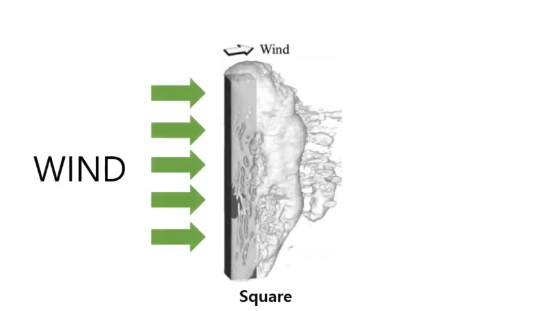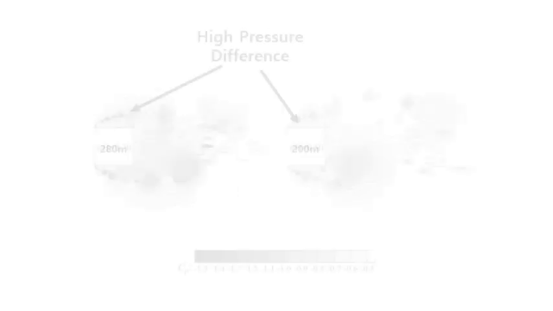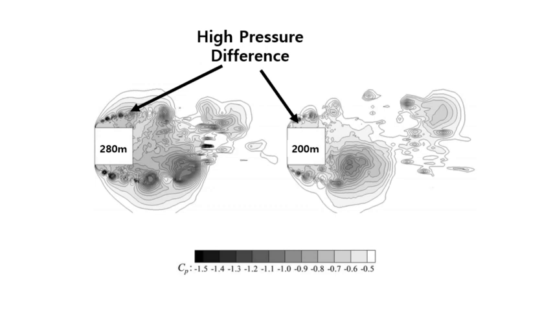Ordinarily, a square cylinder form makes an intensive vortex when wind blows. Let me show you the vortex created in the square cylinder model. You can see strong vortex creation at the side of the building.